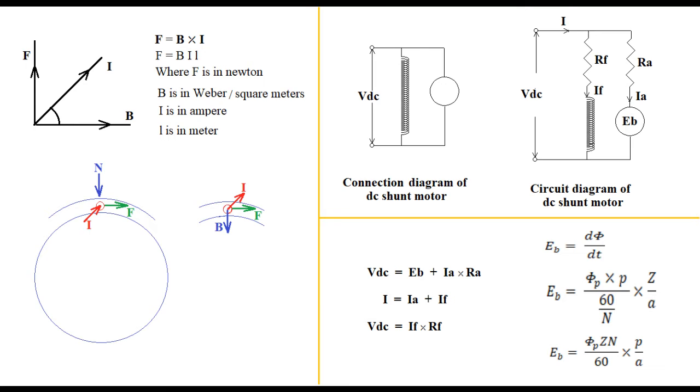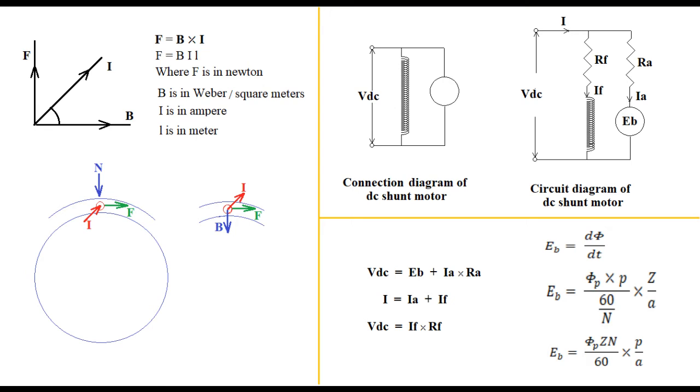The two circuits, the field windings and armature windings, may be supplied with two independent voltage sources, and these circuits will draw current depending upon their resistances. But for simplicity and to reach one of the main types of motor, we will consider that these circuits are connected in parallel and supplied with a common DC source.